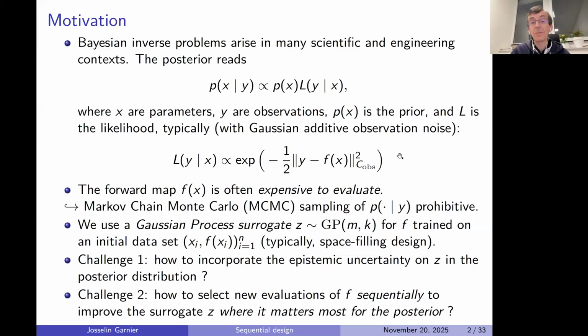In typical situations, when the observation is quite simple, you have an expression of the likelihood that is quite explicit in terms of a forward model. The forward model gives you a prediction of the output given the parameter x. If you have only Gaussian additive observation noise, the likelihood is proportional to this expression, where the norm depends on the observation covariance matrix.